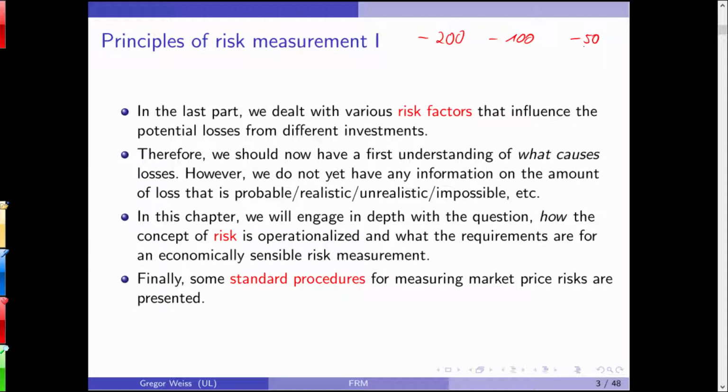We probably then know that there is a stochastic or statistical distribution for the financial losses for our investment. And now we have to ask ourselves, how should we operationalize risk? What should we use? Should we use the actual statistical distribution?